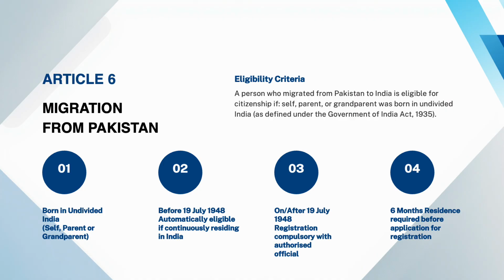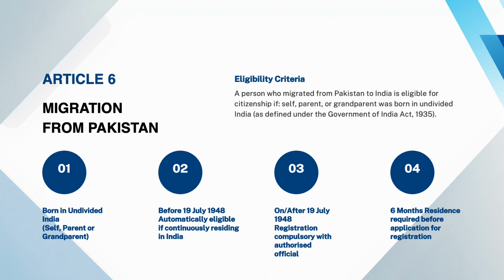And second condition: before 19 July 1948, if you were continuously residing in India before 19 July 1948. Now just imagine, it could be a little bit confusing, okay? But when did the Indian Constitution come into force? 26 January 1950.